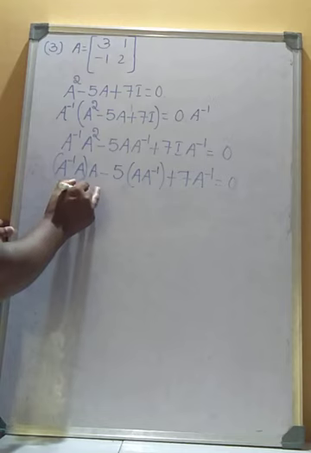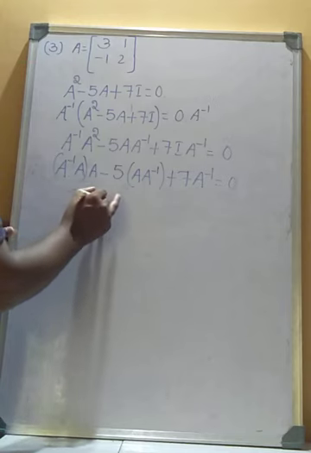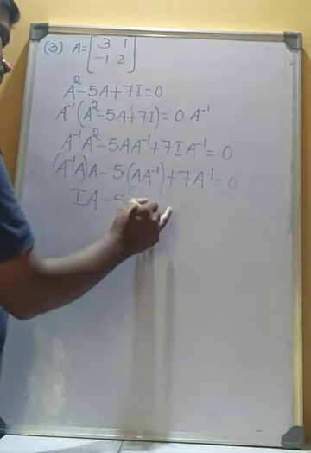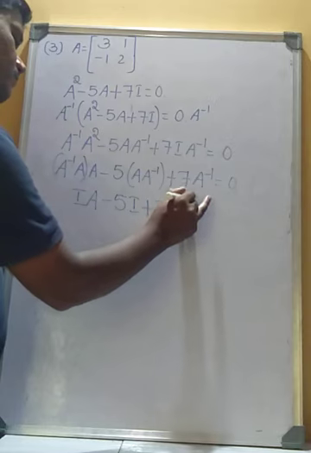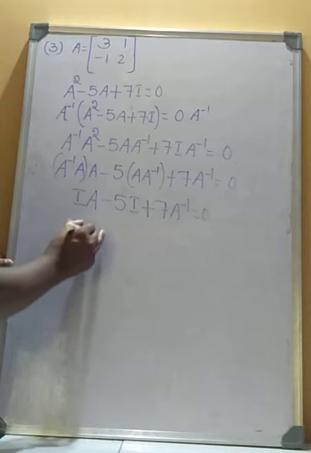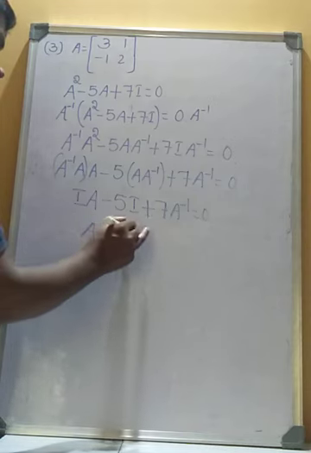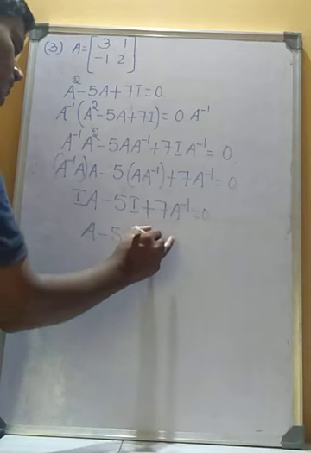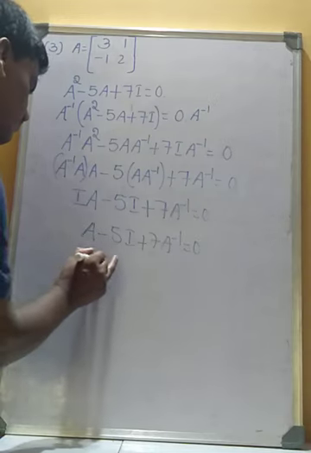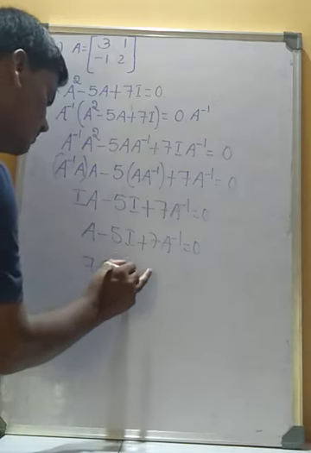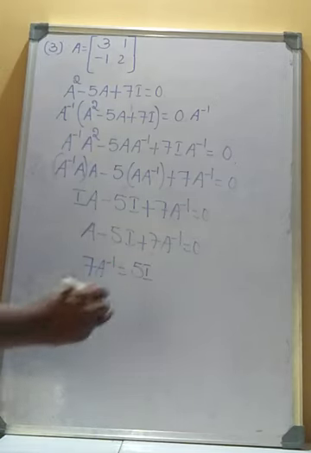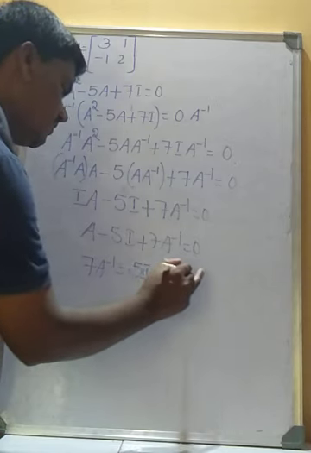A inverse into A is equal to I. I into A is A, minus 5 into I plus 7 A inverse is equal to 0. Therefore 7A inverse is equal to minus 5I, right hand side goes to right hand side, plus 5I minus A.